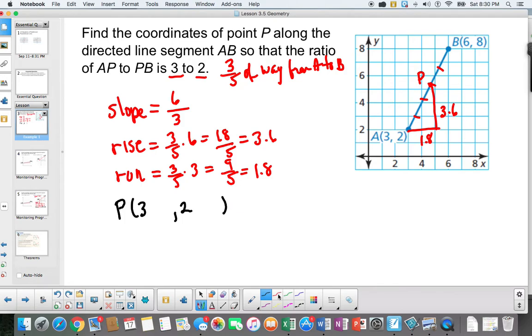Starting at 3, I go over 1.8, and starting at 2, I rise 3.6. So that's going to put me at the point 4.8, comma 5.6. So this point right here is 4.8, comma 5.6.